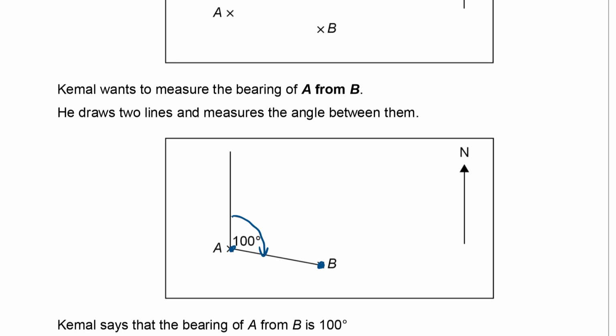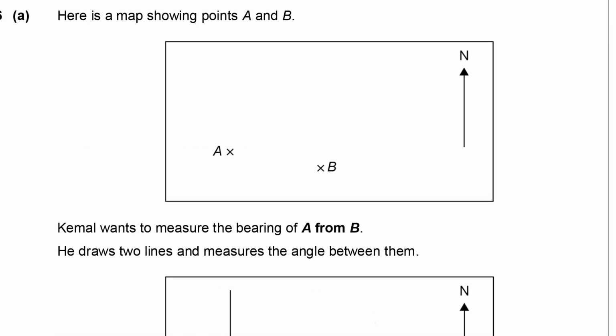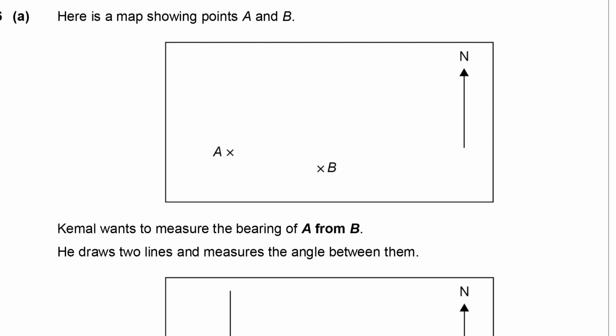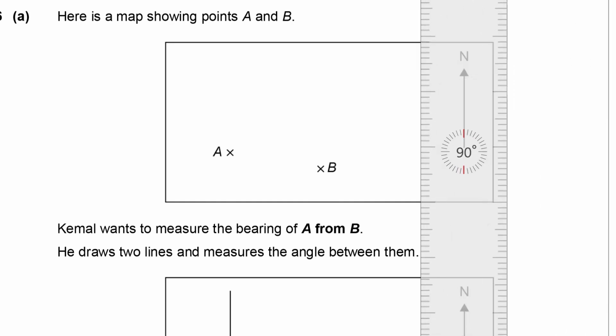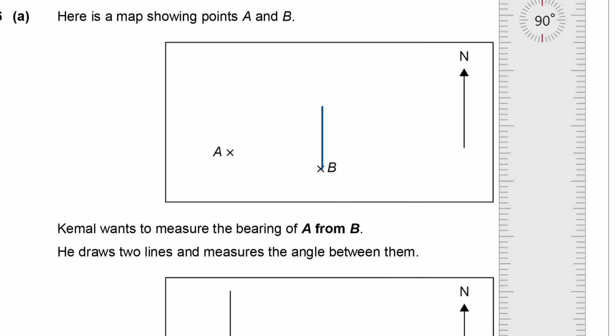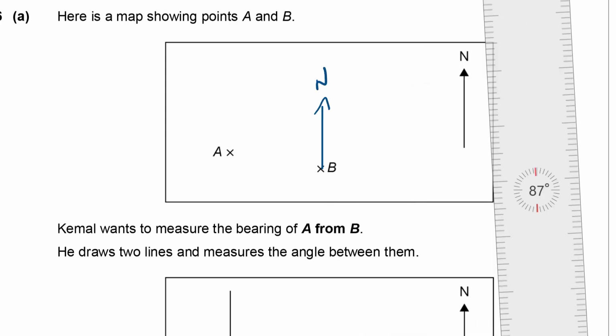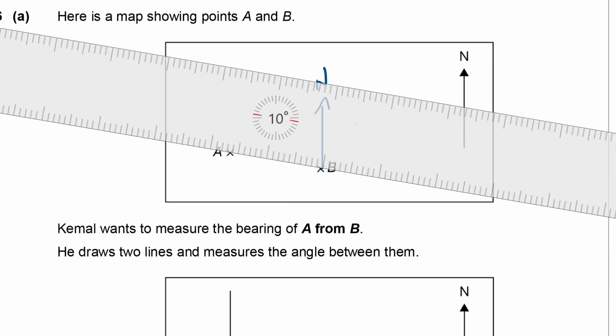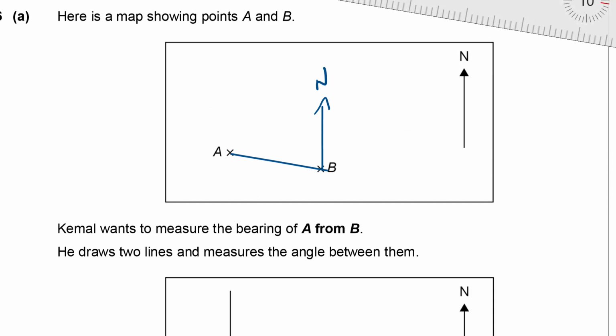Now, if I want the bearing of A from B, what I should have done is draw a north line on B to start with, not on A. So I should have drawn a vertical line coming up from B. That's my north line, and I would need to measure clockwise from north.